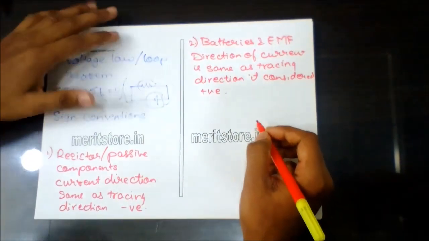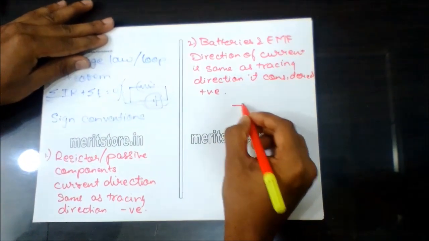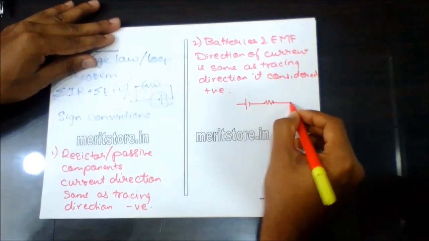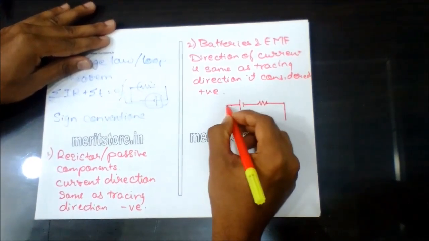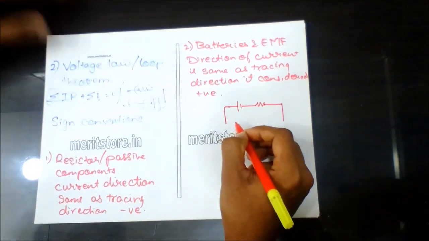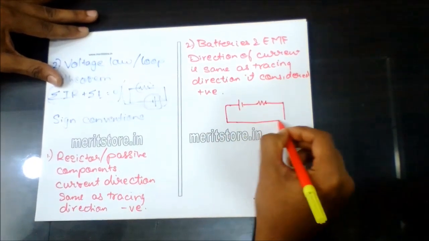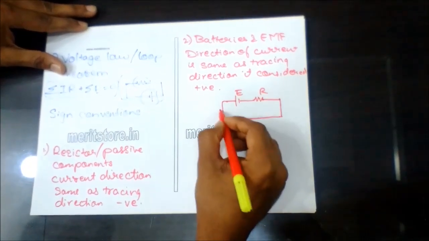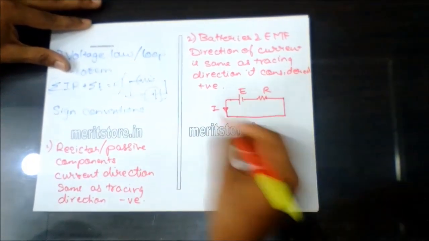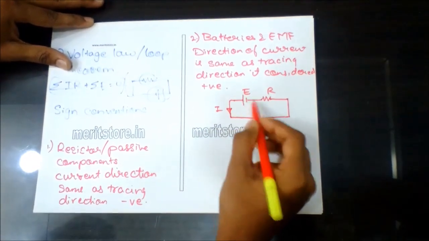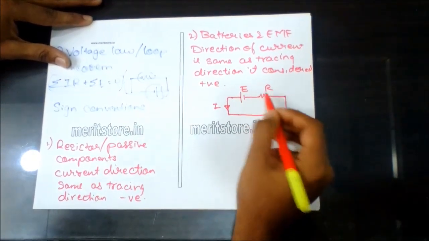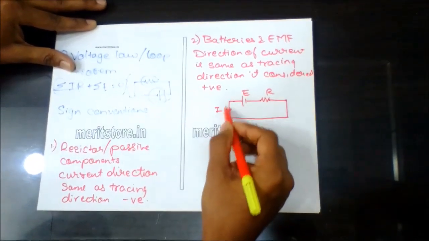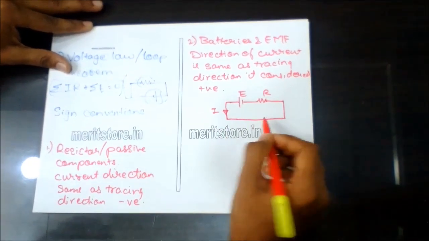To illustrate this with an example, this is a simple loop with current I, a source of EMF E, and a resistance R. The current is flowing in the anti-clockwise direction.